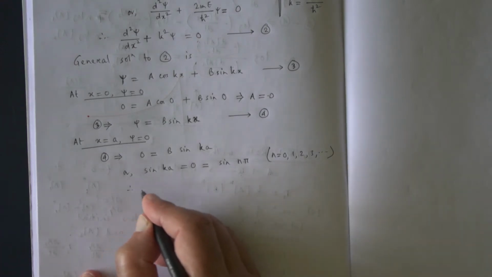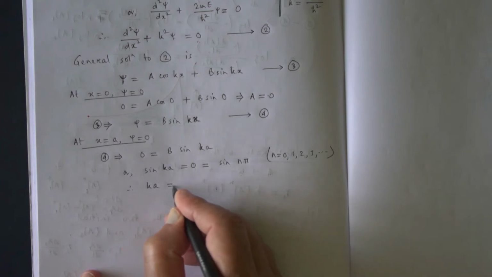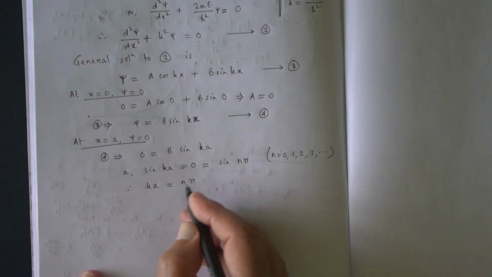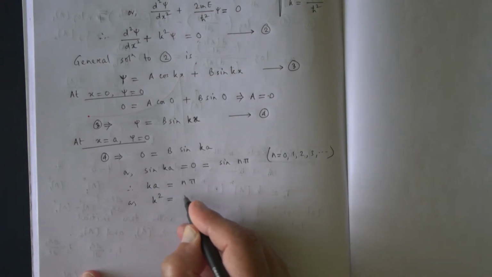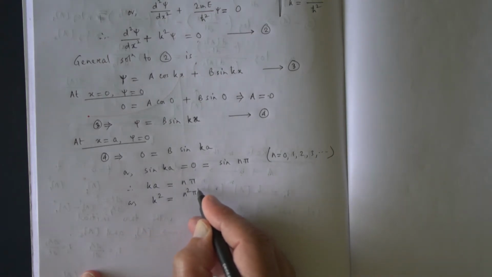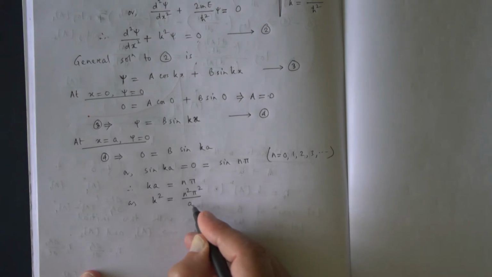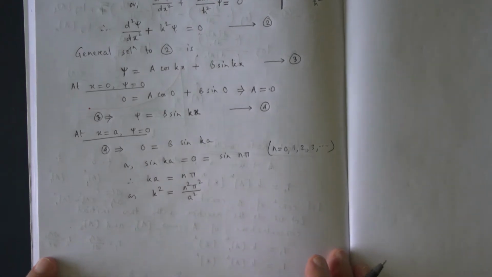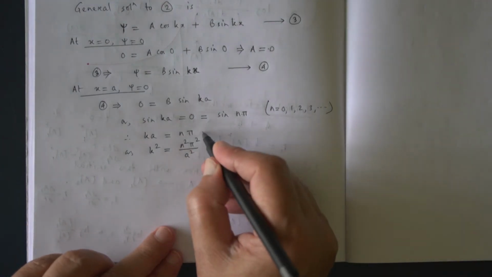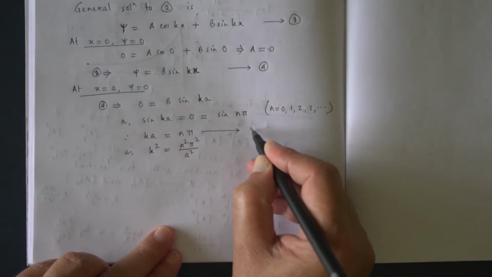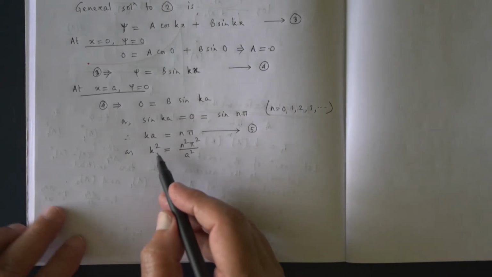Hence ka must be equal to n pi, or k square must be equal to n square pi square by a square. So k equals n pi by a, this is 5. Now what is k square?